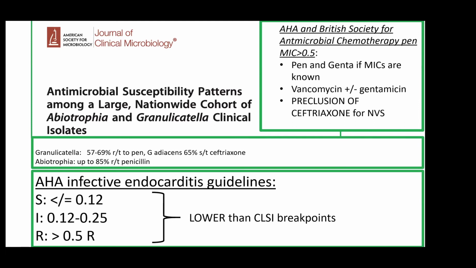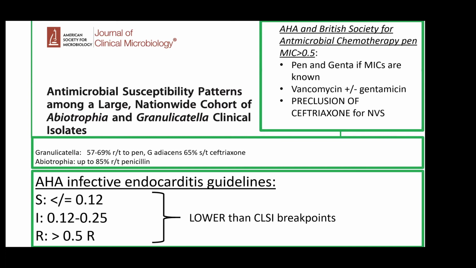You can see the recommendation there is usually penicillin and gentamicin if the MICs are known, and then vancomycin with or without gentamicin. And actually, ceftriaxone is not considered in this instance, despite it possibly actually working.